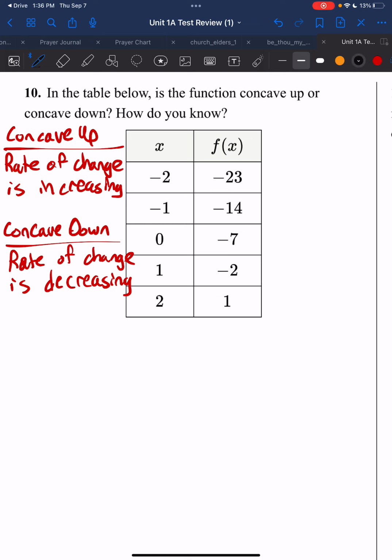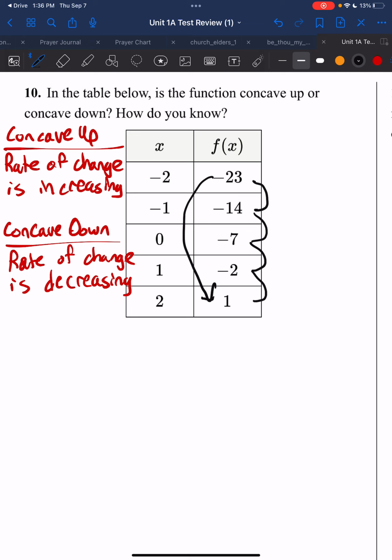So to find out if it's concave up or down, I need to see what the rate of change is. I'm not talking about what my function does, because my function is slowly increasing, but that's not what I'm asking about. I'm talking about the rate of change.